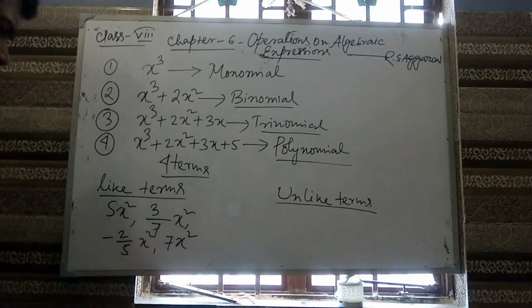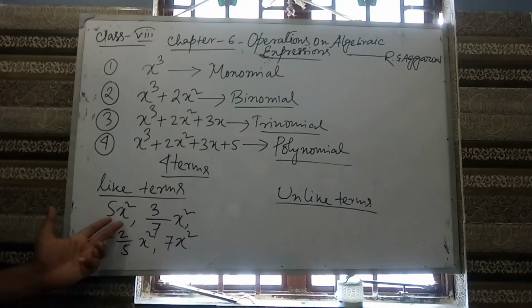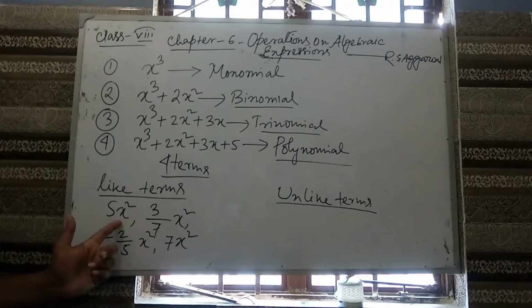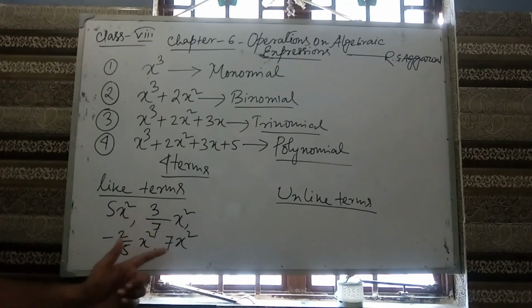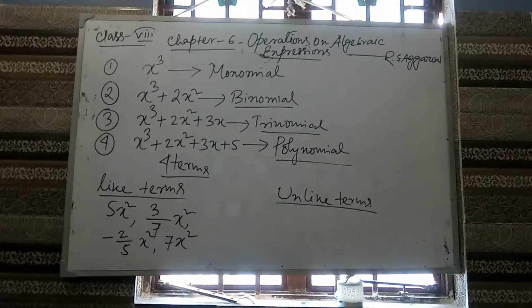We have taken single terms. All these are monomials, but what is common? All of them have x square. So x square is common in all of them.